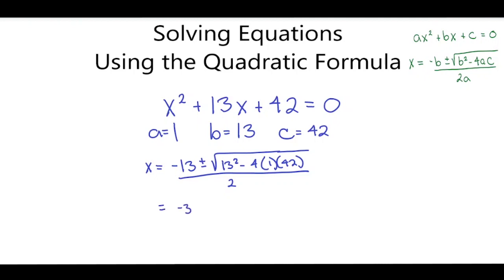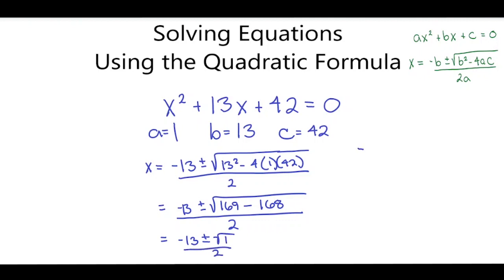Negative 13 plus or minus the square root of 169 minus 168, over 2. Well, that's going to be negative 13 plus or minus the square root of 1, over 2, which gives us negative 13 plus or minus 1 over 2.